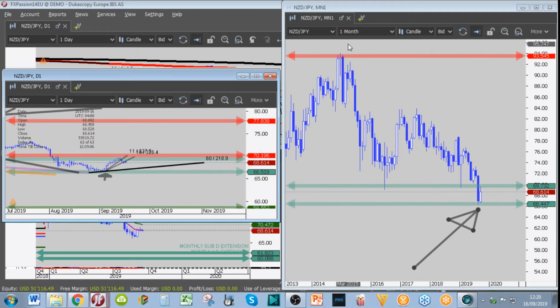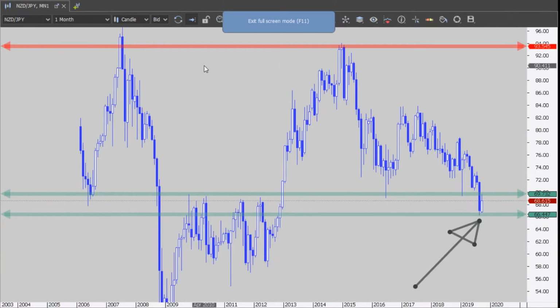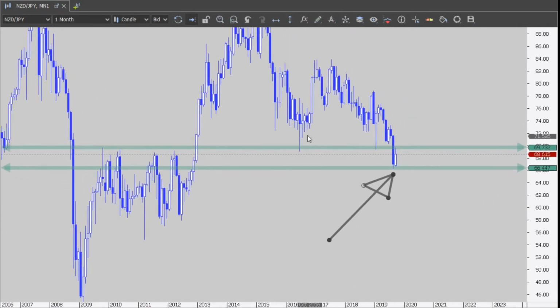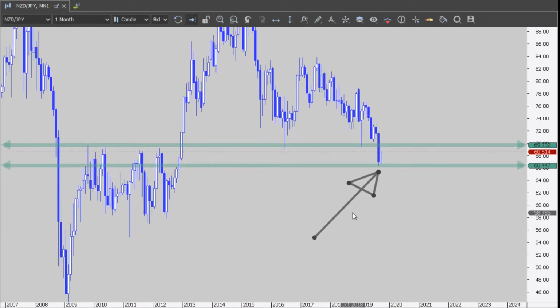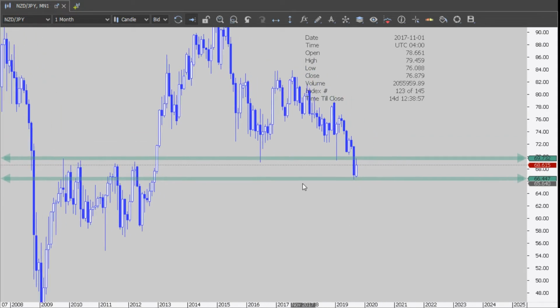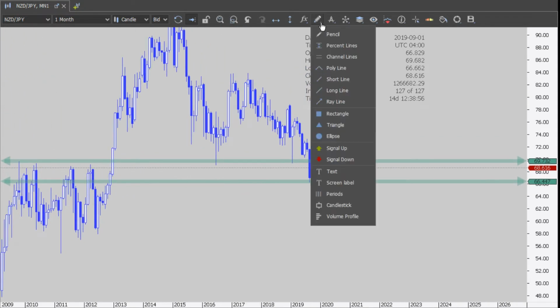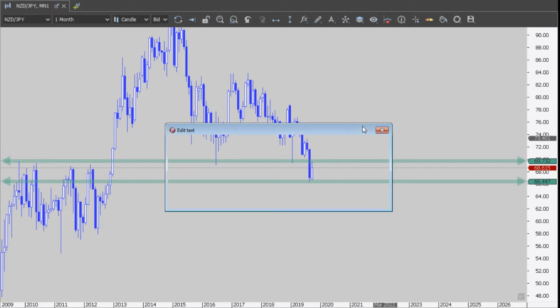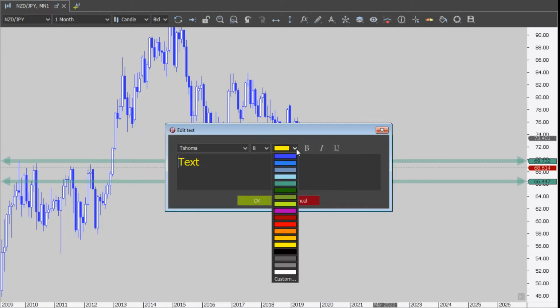Now, bringing all together, I'm going to give you a help. From the monthly and weekly standpoint, technical risk for the short trades. And remember, you always have some kind of technical risk.